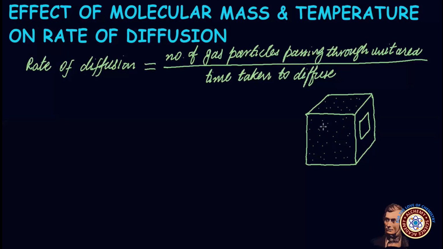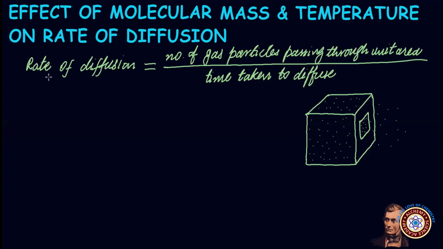Say for example in unit time, that is 1 second, these are the particles which are passing through and diffusing out, and in that particular time, say for example these are 9 molecules. So the rate of diffusion of this gas at the given temperature would be 9 molecules or 9 particles per second. So this is the concept of rate of diffusion of gases.